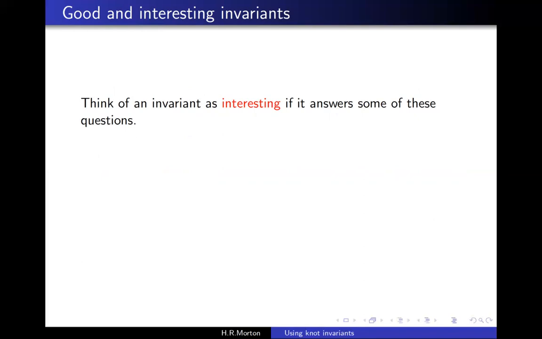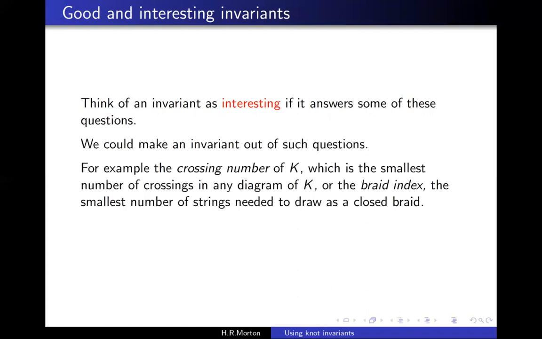Now, of course, you could turn these questions on their head and use them to describe an invariant. You could talk about the crossing number of K, the smallest number of crossings in any diagram, the braid index of K, the smallest number of strings, all sorts of indices.